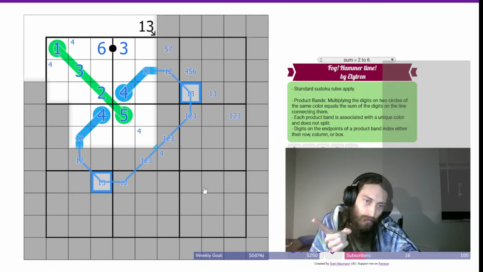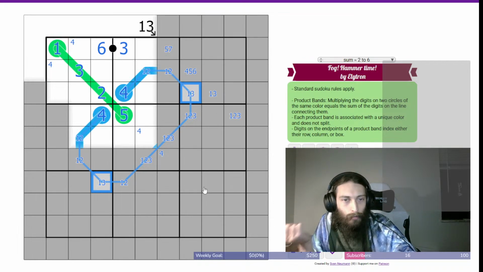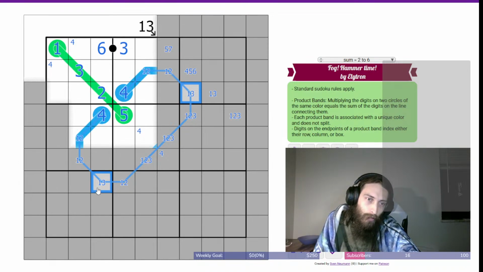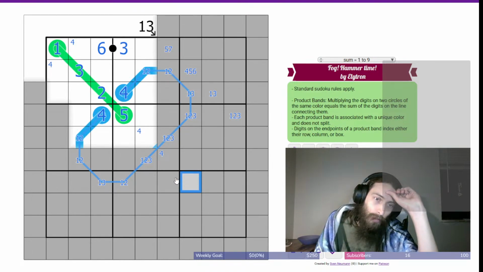At least, well, we know at least one of these two is a 1. The 1, 3 here and here. But I don't know if that's useful, because they just look at this cell and say that can't be a 1.